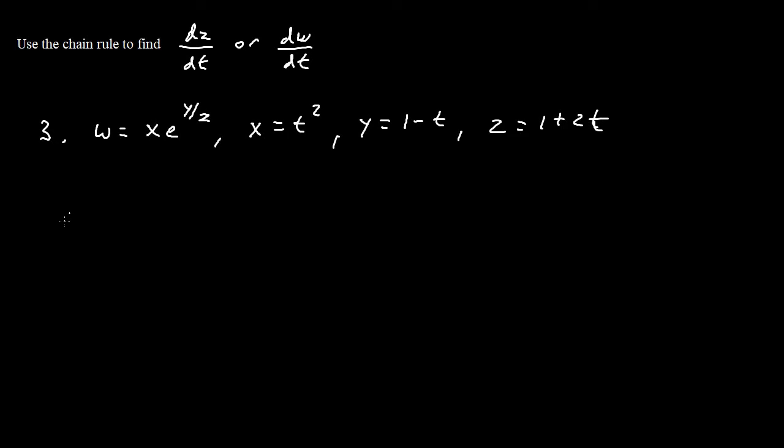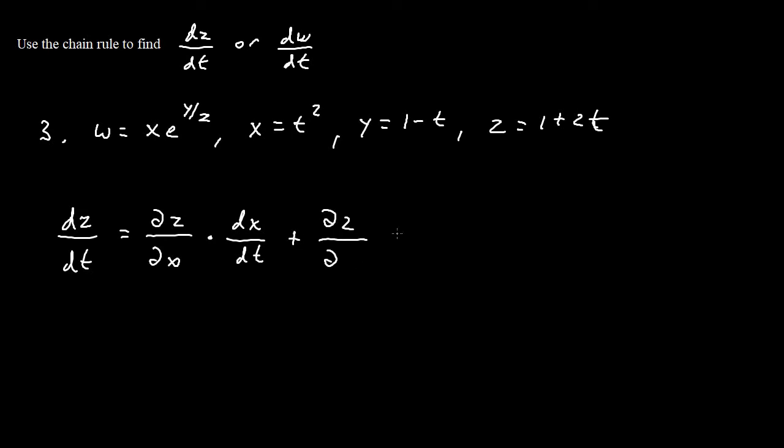So remember the original formula where dz/dt equals the partial derivative of z with respect to x, times dx/dt, plus the partial derivative of z with respect to y, times dy/dt. But now our equation is not z equals, our equation is w equals. So in this case we have to find dw/dt.